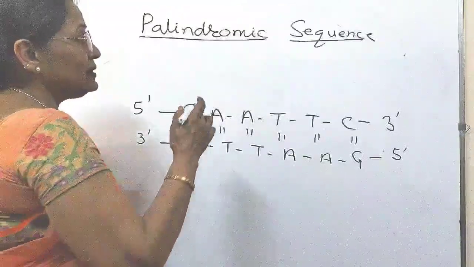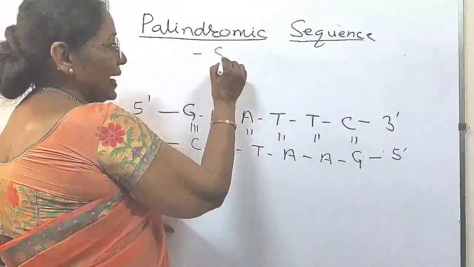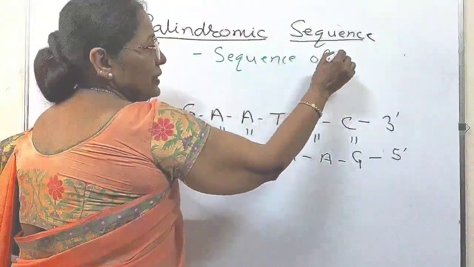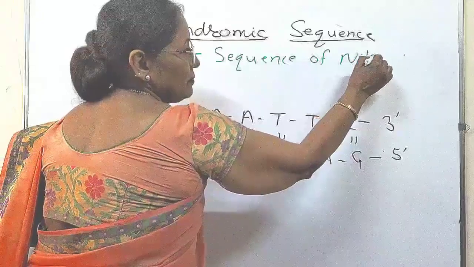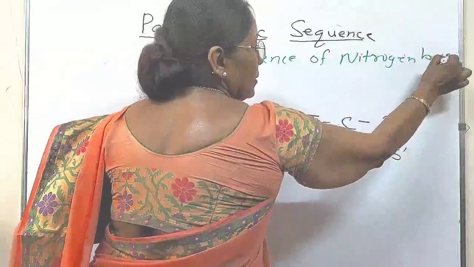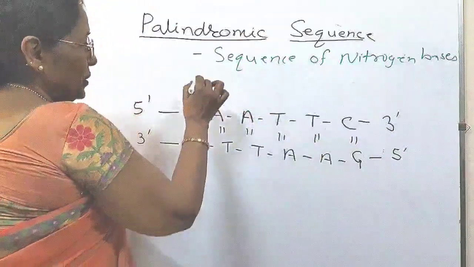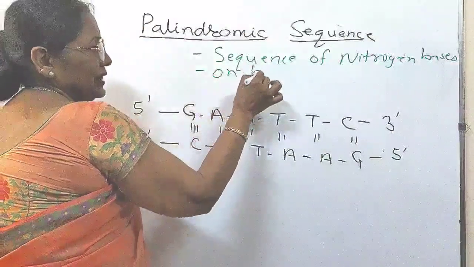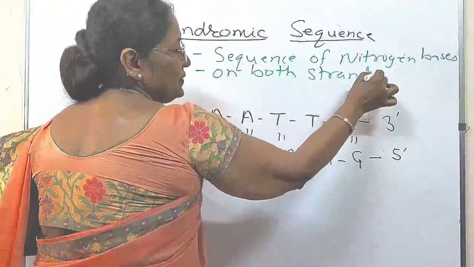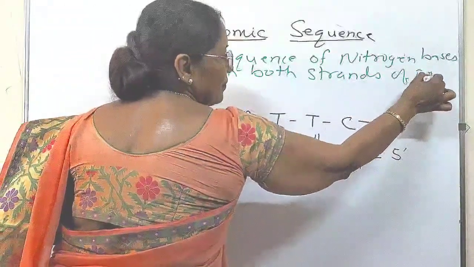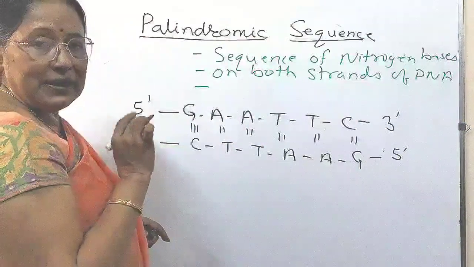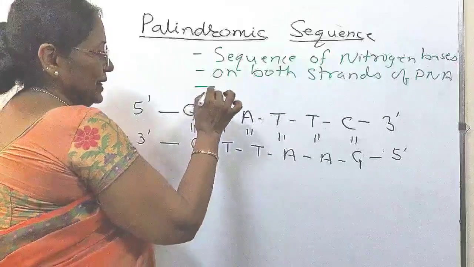It is the sequence of nitrogen bases on both strands of DNA which read the same when the polarity is kept the same.